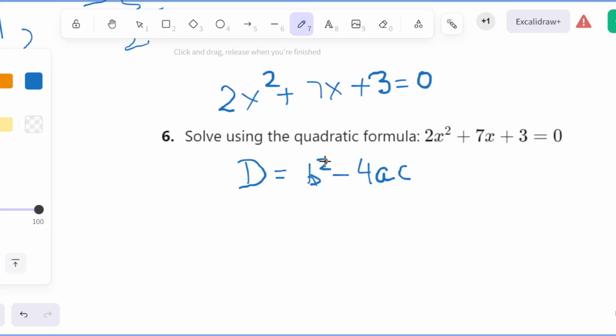If D is less than 0, you get non-real values of x. Non-real means you won't be able to calculate the square root, so you'll get imaginary values. And if D equals 0, you get real and equal values. So this term D, the discriminant, you should know. Go ahead, take your time.